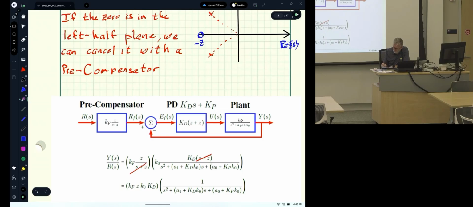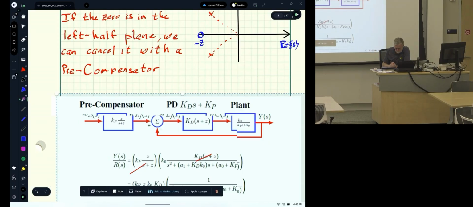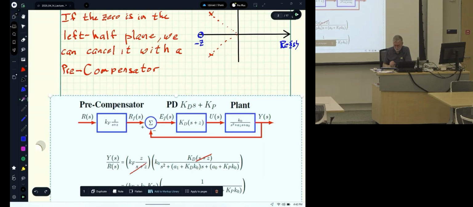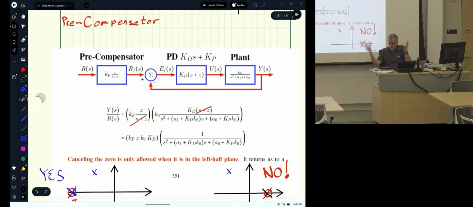Even if our plant, and this is looking like the balance part of the segue that we will get to, only has a constant term in the numerator, in order to stabilize the plant, because it's actually unstable, we introduce this PD controller, and so we get a really beautiful response, except it doesn't match our expectations.